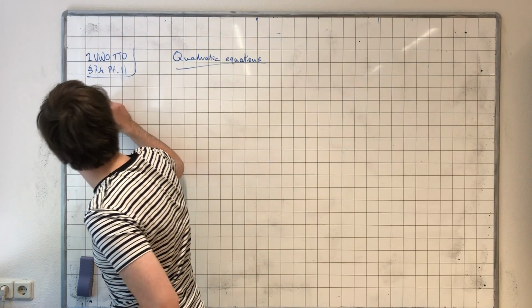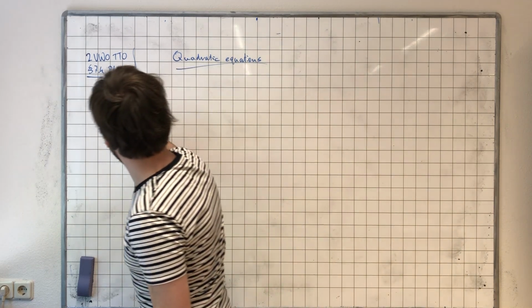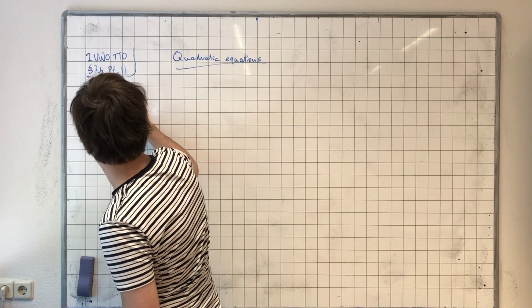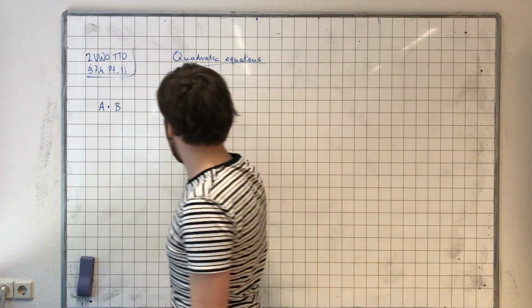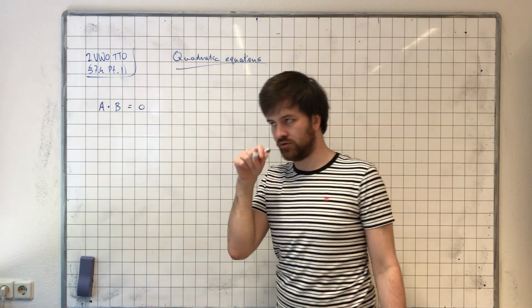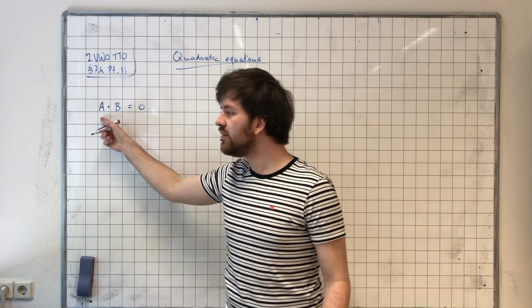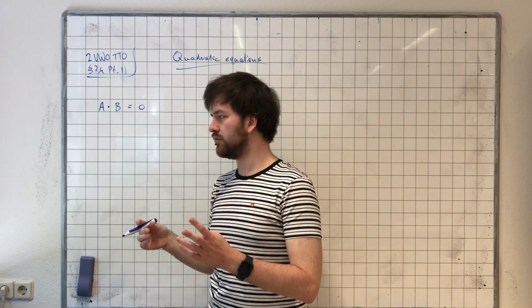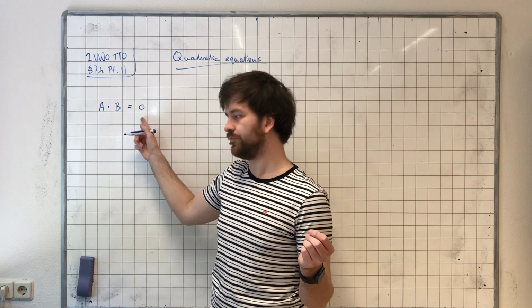If we have something, and we'll call that something A, and we're going to multiply that with something else, which we're going to call B for now. And the answer of this is 0. So something times something is 0. Then you may think about these things as just numbers. So for example, if A is 5, 5 times something is 0.